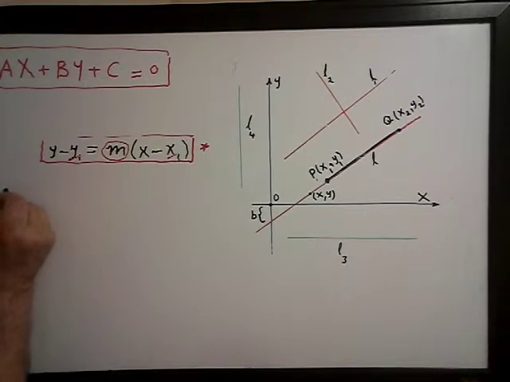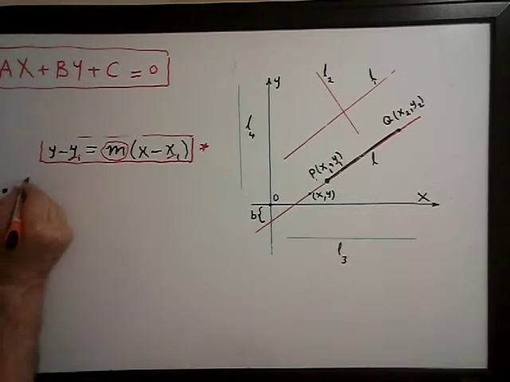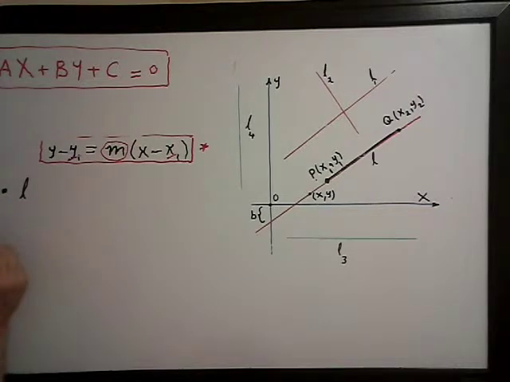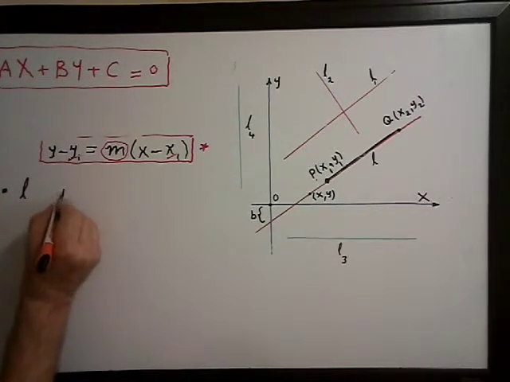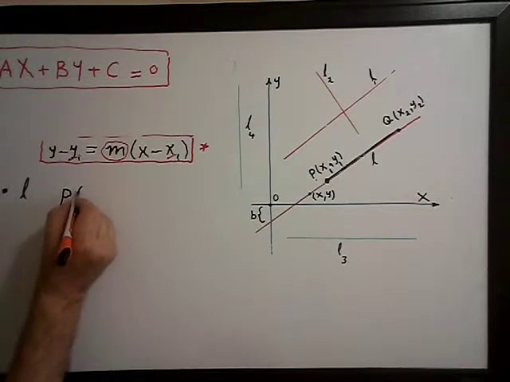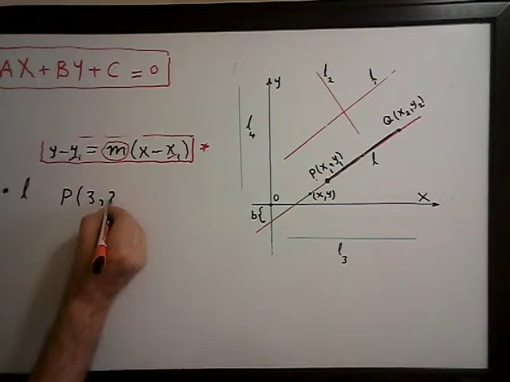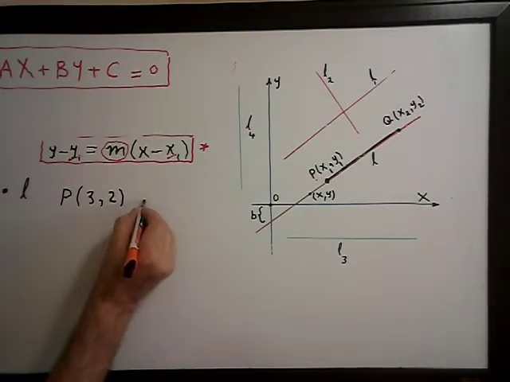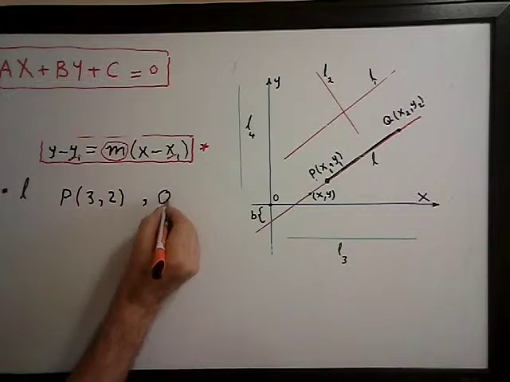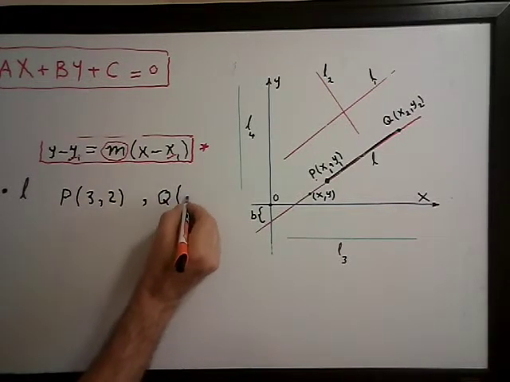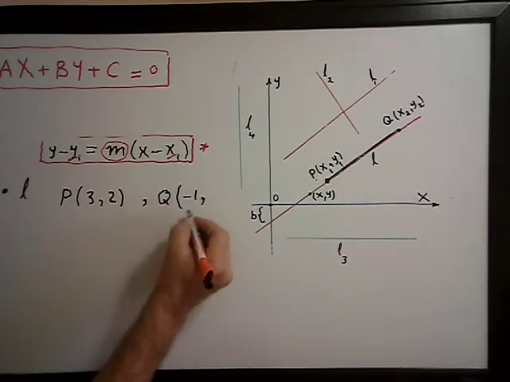Find the equation of a line L which passes through the 2 points P (3, 2) and Q (negative 1, 4).